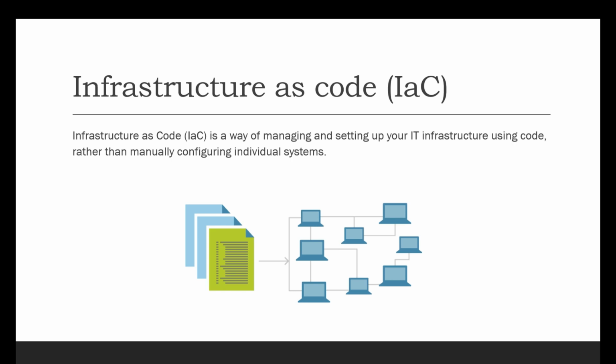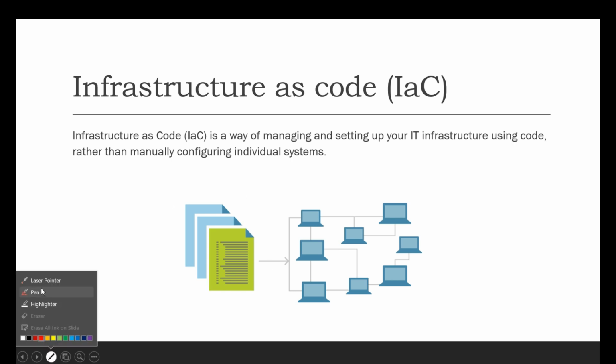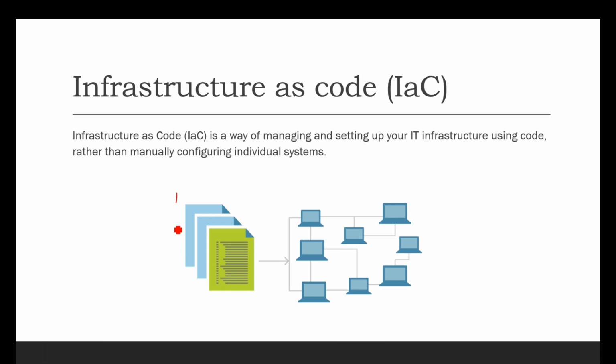As you can see in this diagram, we have files in which we write code. What code we write? Code which will design the infrastructure. For example, if I want to create a virtual machine, I can write code to create a virtual machine, and I will run that and it will create a virtual machine in my infrastructure.